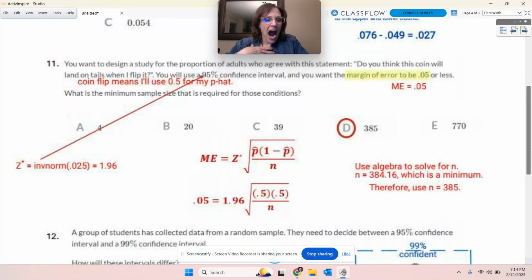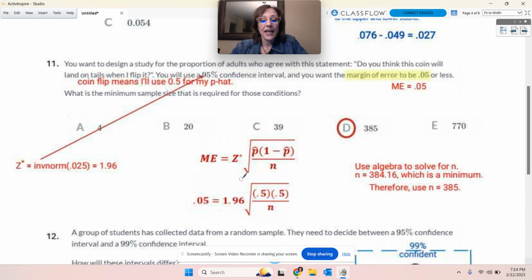All right. So coin flip on this one means I'm going to be using 0.5 as the p hat, okay? And then it tells me to use a margin of error of 0.05. So keep those straight. To be 95% confident, that's the inverse norm of one tail of 0.025. And here is this plugging in.